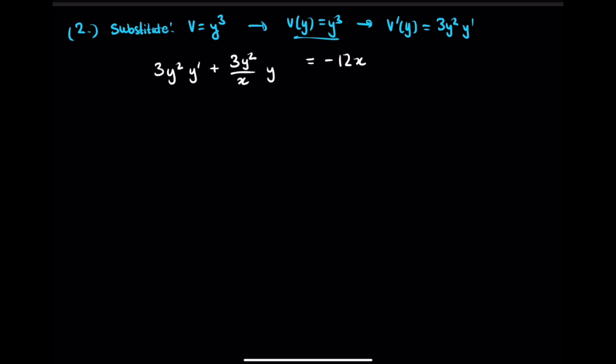And so now, as you can see, this term is v prime, and then 3y squared y, this we can rewrite, this is y cubed, because we had a y squared and a y, so that's y cubed. So then you get 3 over x, v(y) minus 12x.